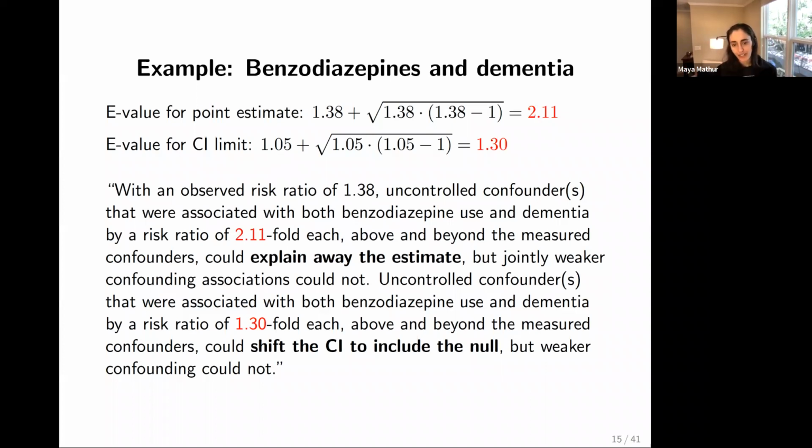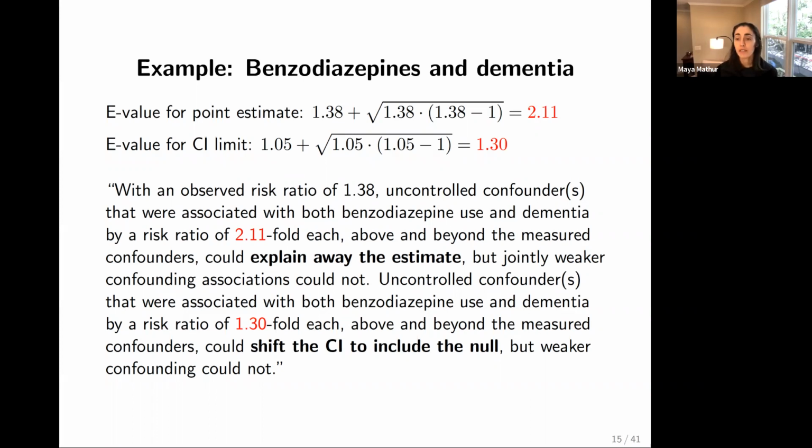This paragraph is kind of designed to be something that could be used relatively as a template for reporting e-values in different analyses. So this might be what we would write in our journal article. With an observed risk ratio of 1.38, uncontrolled confounders that were associated with both benzodiazepine use and dementia by a risk ratio of 2.11-fold each, above and beyond any measured confounders, could potentially explain away the estimate.